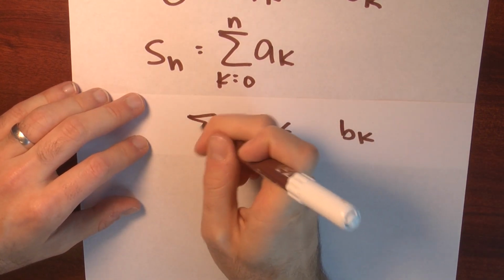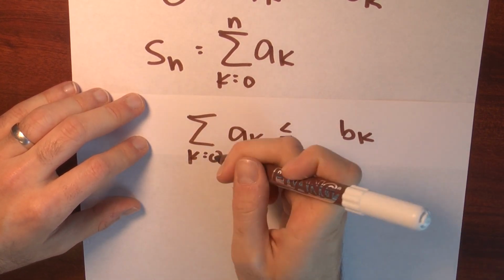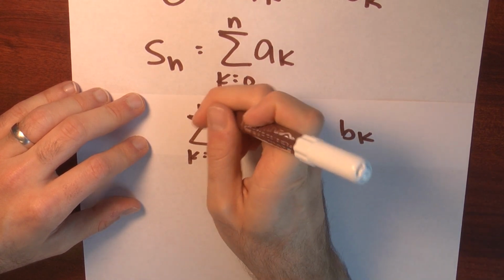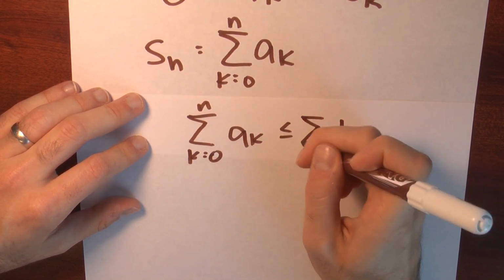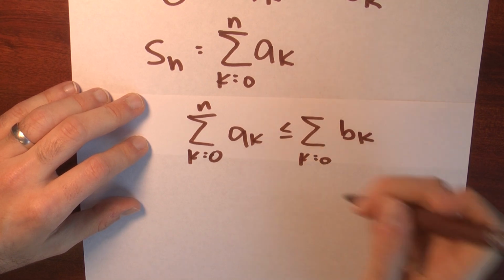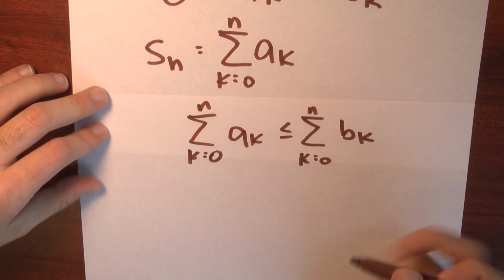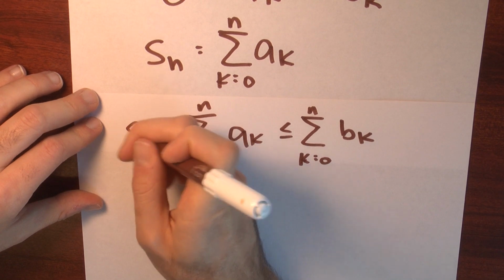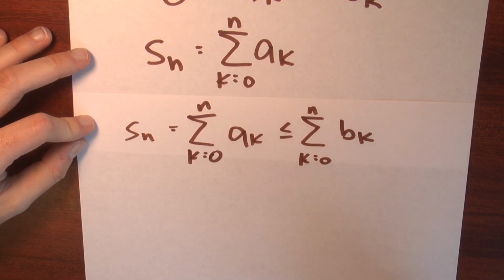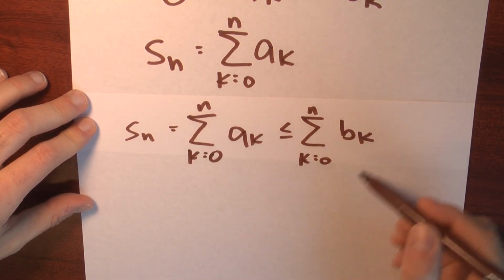And that means if I add up a whole bunch of a sub k's, say the a sub k's between k equals 0 and n, that's less than or equal to adding up the b sub k's, k goes from 0 to n. Now this thing here is just the nth partial sum. Now what do I know about this sum?